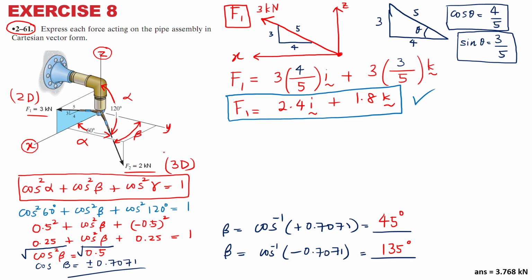You have to look back at this problem. So look back here. Where is your beta? Beta is here, right? Beta is very small. This one cannot be 135. 135 is wrong.